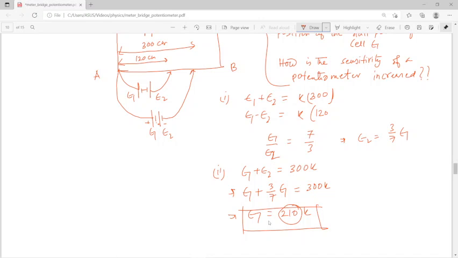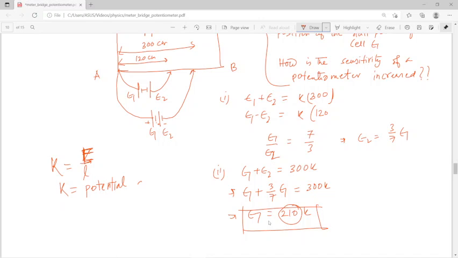And now the sensitivity, that is the potential gradient we will find, that is V by L, right? V or E by L, whatever be the thing, E equals KL. So K is nothing but the potential gradient.